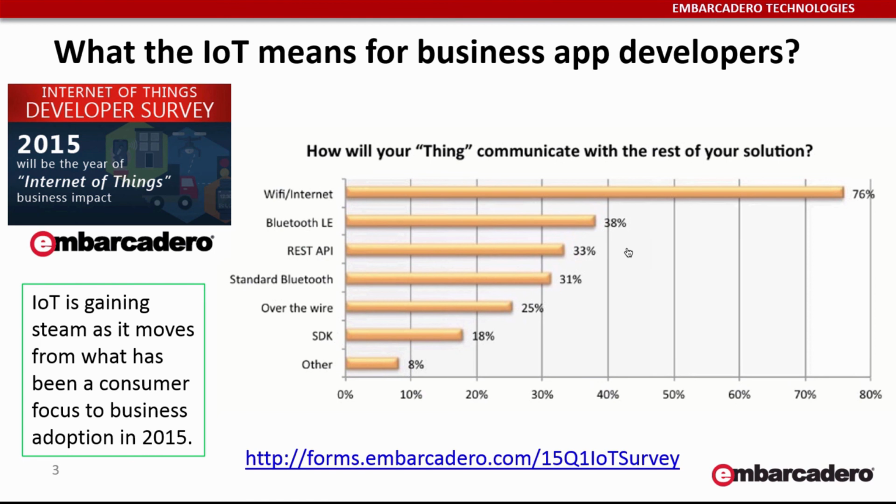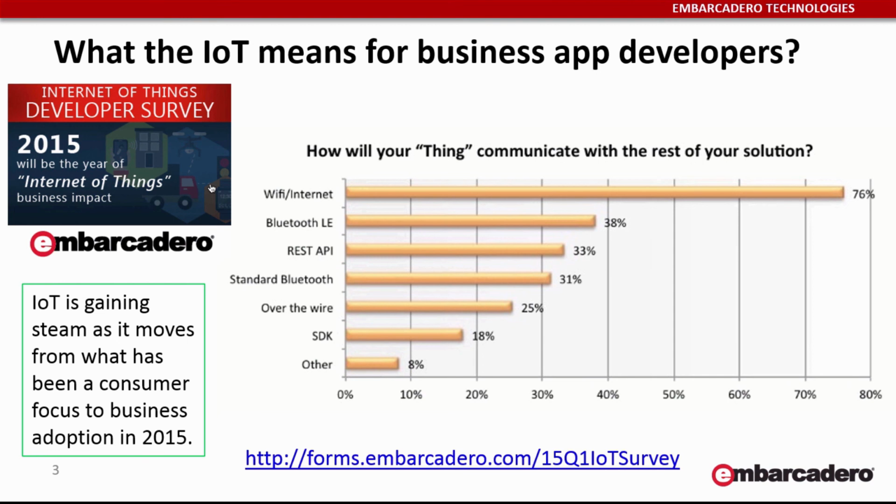We see from this chart, the survey respondents had widely varied ideas about how they would communicate with their business things using network Wi-Fi, Bluetooth, REST APIs, and other SDKs. The good news is RAD Studio already has the capabilities to build and deploy these solutions.